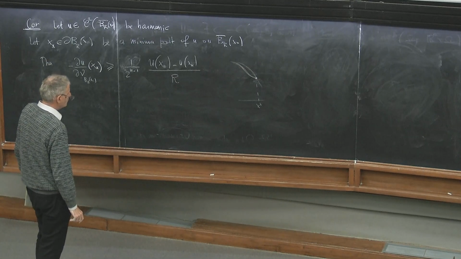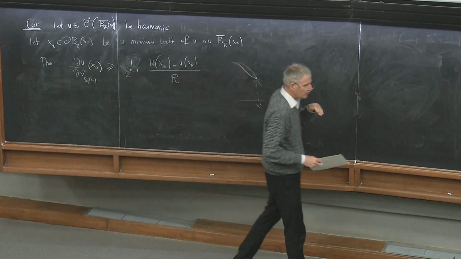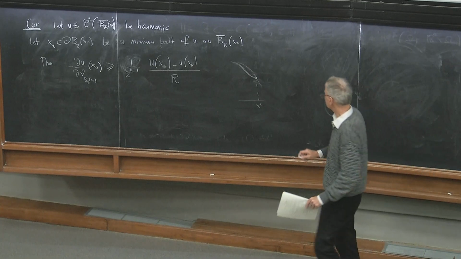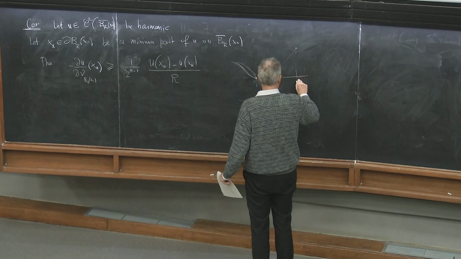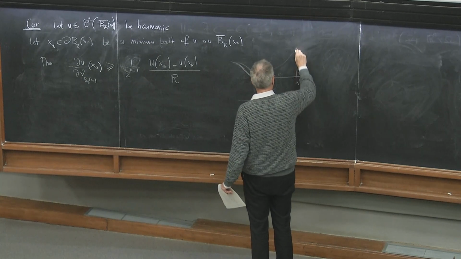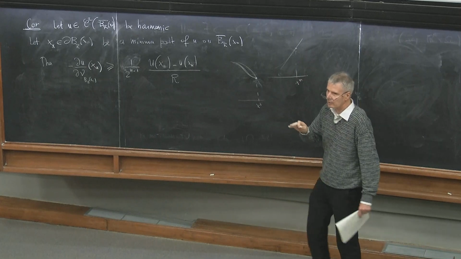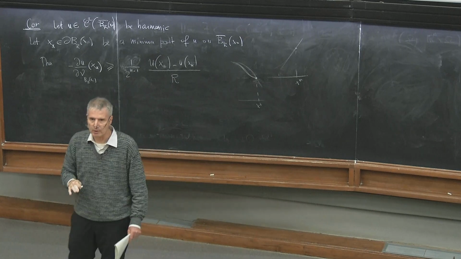You have a similar statement for a point of maximum. So if you go to a maximum point, then you have to have a certain slope when you attach to the boundary of a harmonic function at a maximum point.